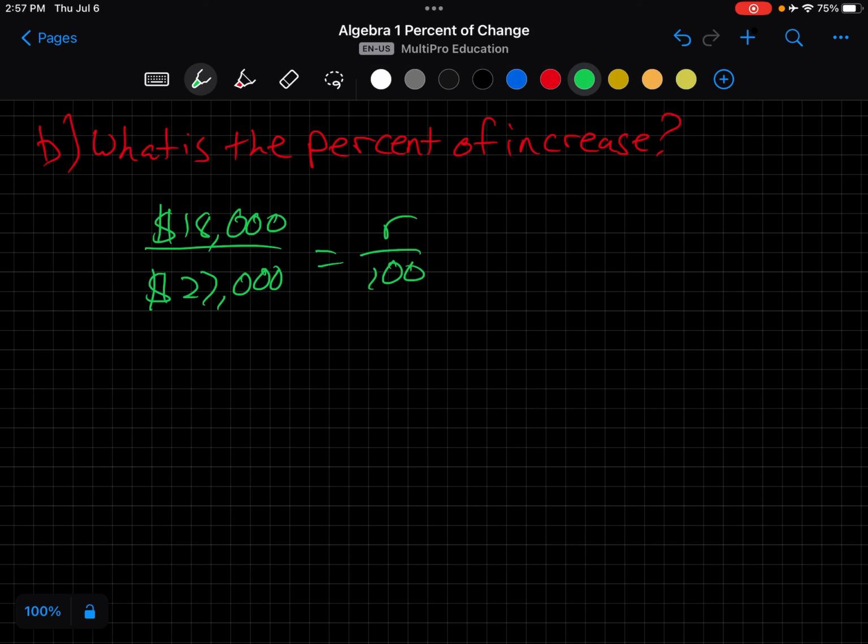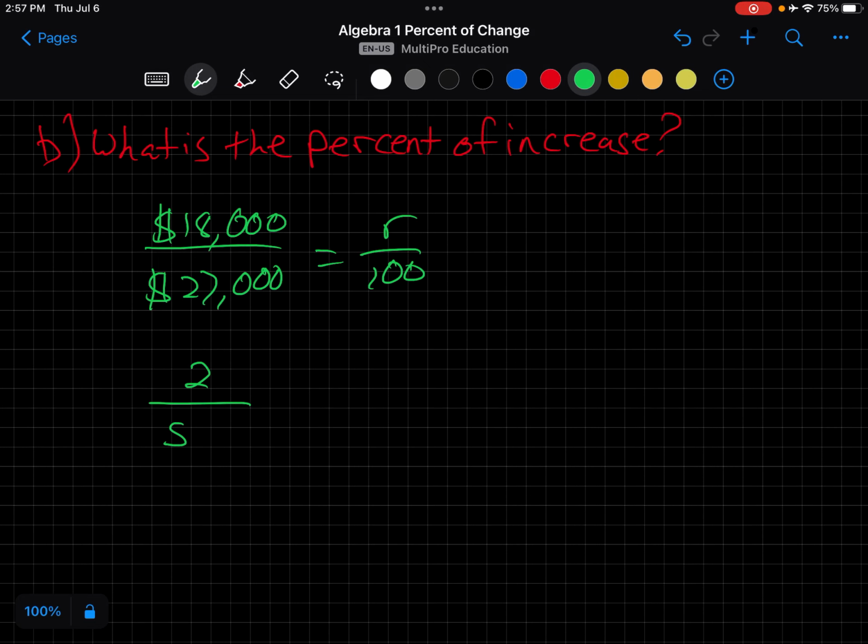So we have 2 over 3, R over 100. All right, this makes the math a little bit simpler.